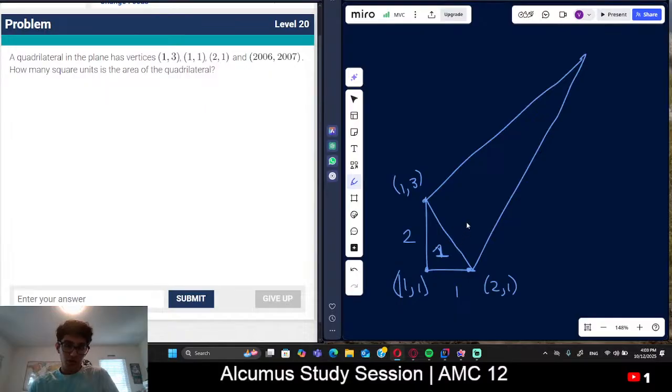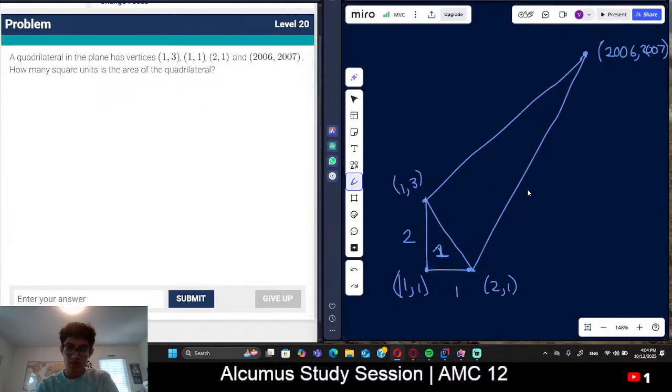If the slopes are perpendicular, that makes our work a lot easier, but I don't think that's going to be the case. 2006, 2007. All the same, I'm sure there are enough solutions to this. So what's happening here? The slope is -2, right? So this is m equals -2.